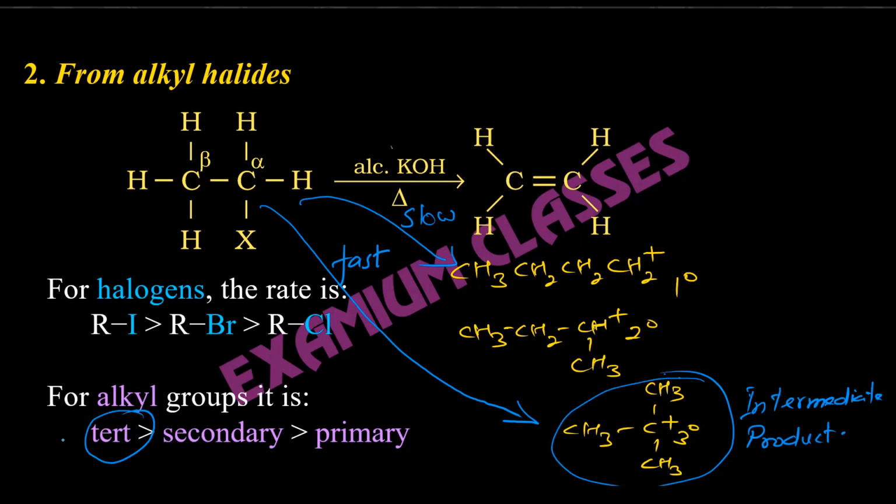In primary, the carbocation being produced in the middle of the reaction is not very stable, so the reaction will not be willing to proceed at a faster rate. Any confusion here? I'm just emphasizing again and again a few points which you must remember very frequently. These are asked in your exam and will be used in 12th very frequently. So don't take it lightly, otherwise you are going to struggle in 12th.